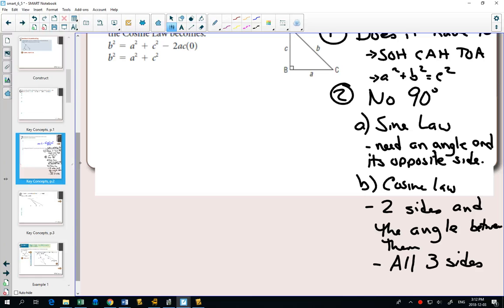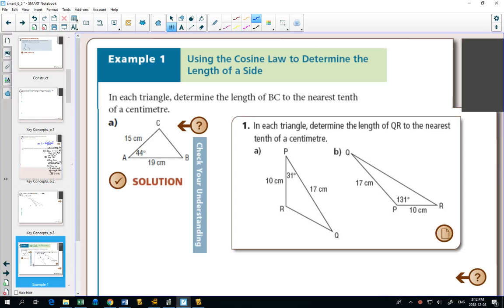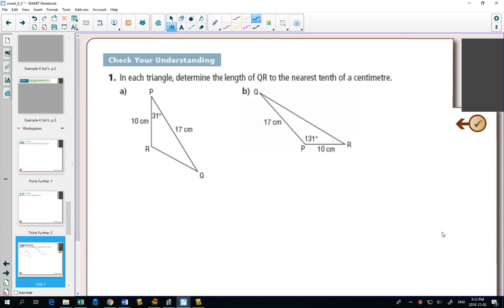So let's look at an example. Example 1. In each triangle, solve for the length of QR to the nearest tenth of a centimeter. So first of all, these aren't 90-degree triangles, so we can't use SOHCAHTOA or a squared plus b squared equals c squared.